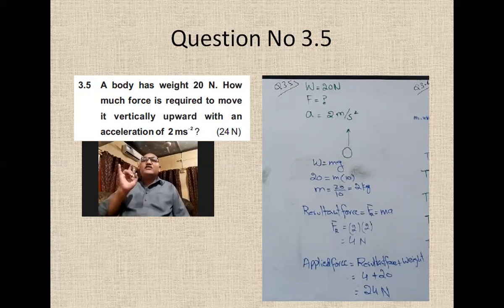The force which you will apply needs to do two things. One, it has to overcome the weight of the body. The weight is acting downward, so the applied force needs to counter the weight. And the second thing this force needs to do is to produce this acceleration.